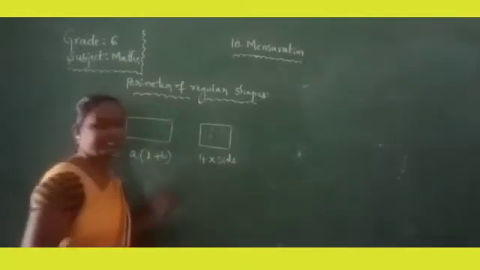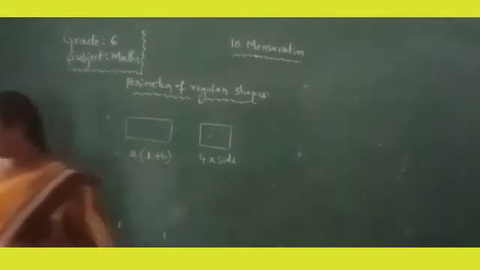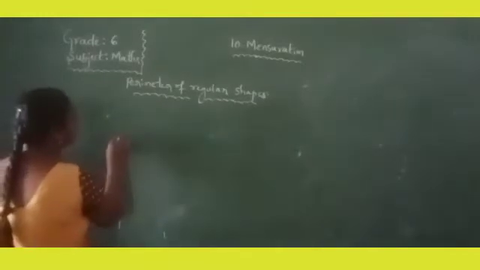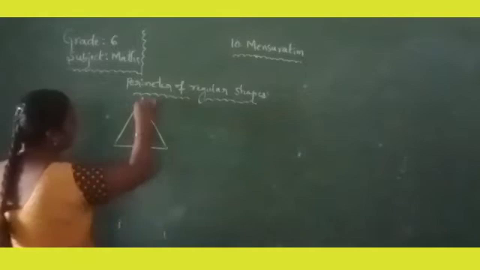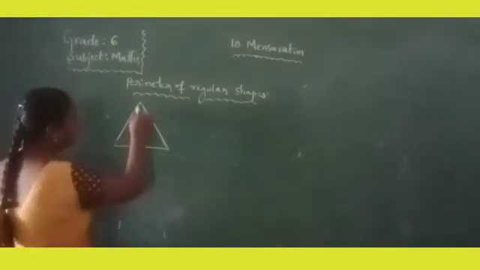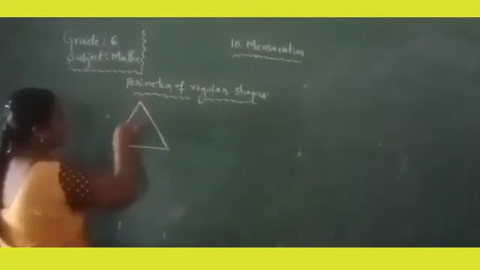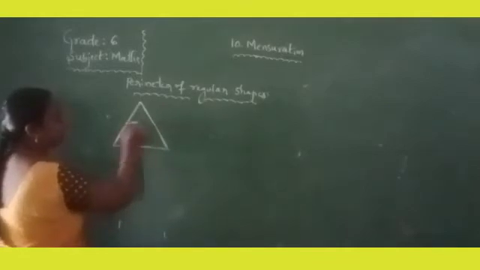Not only that, some more regular shapes you are going to learn today. So what are the remaining plane figures? That is the triangle. So what is meant by triangle? Tri means 3, angles means 3 sides. It is made up of 3 line segments, nothing but 3 sides.